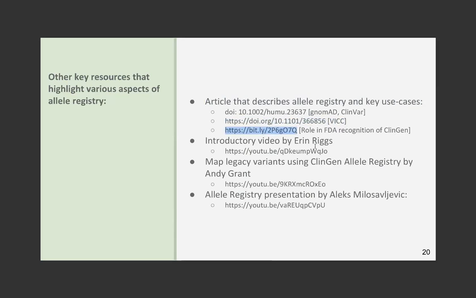There is an introductory video by Aaron Riggs that provides more or less the same introduction as what I have provided here. Then Andy presented on this call a couple of calls back, and that presentation is available if you would like to use it as a reference.